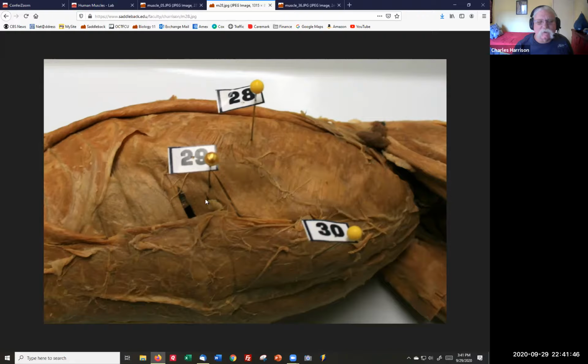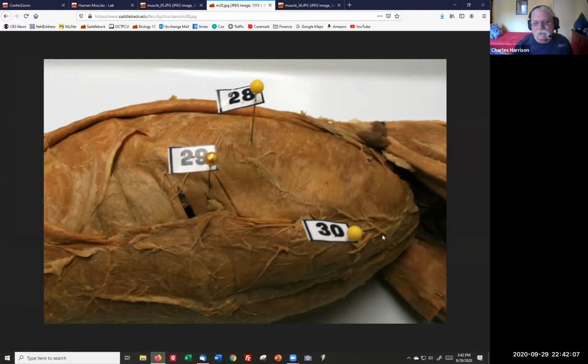It's usually quite thin, not well developed in anybody. 30 doesn't look like it did a moment ago on the model. It's because of the orientation that this picture was taken at. This is the rectus abdominis running here.